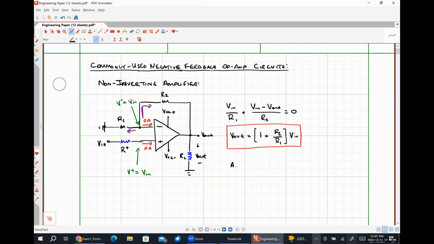Our closed loop gain, AVCL, will be the ratio of V out to Vn, which in this case just becomes 1 plus R2 over R1.